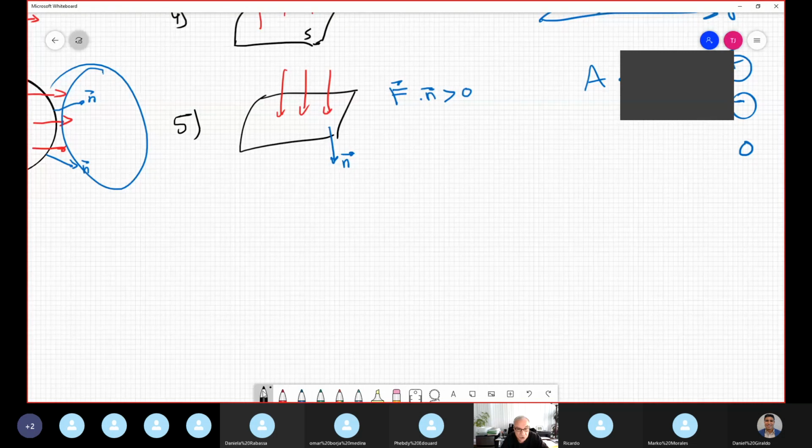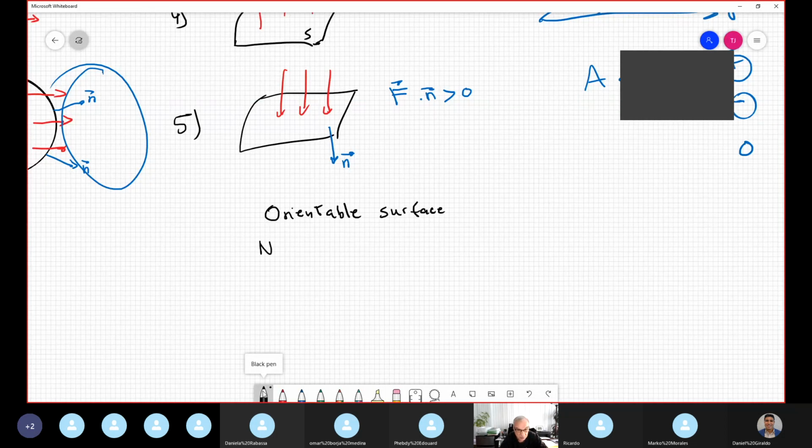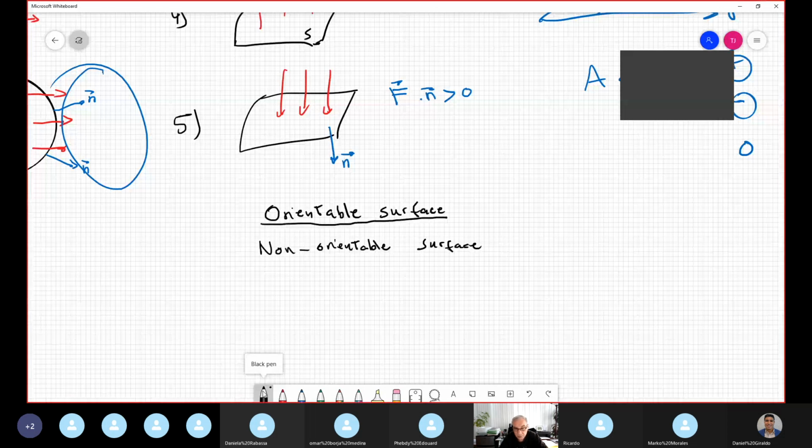And you see in the flux chart, I said last time, one question is: is our surface an orientable surface or not? So the negation is obvious, it's a non-orientable surface. The majority of surfaces that we can find in the problems are orientable.